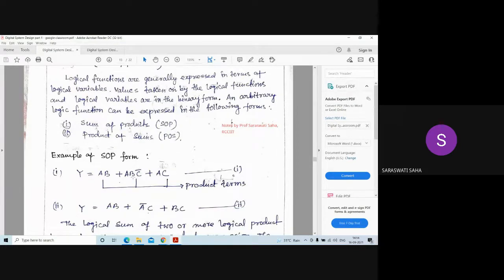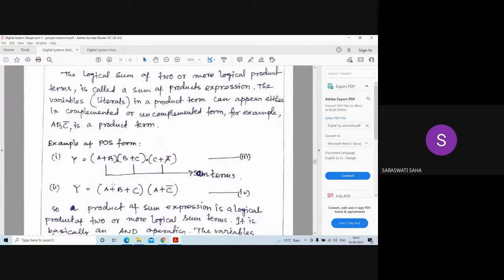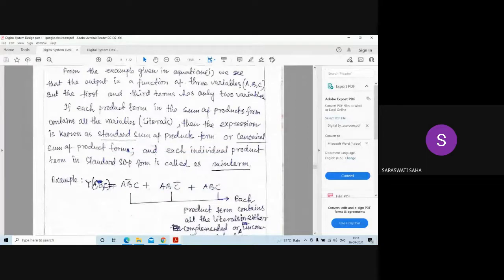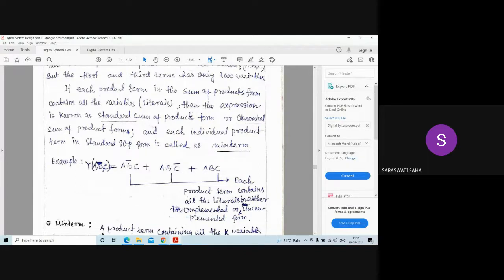So what is standard form representation? Now I am going to the standard form of representation, which is known as canonical form, that is canonical sum of product form and canonical product of sum form.